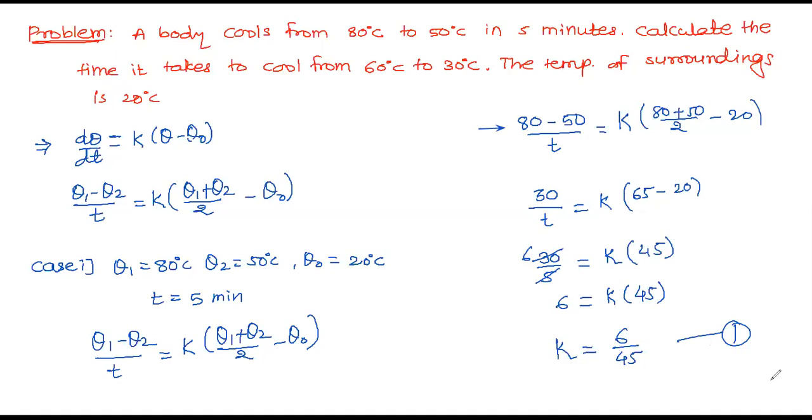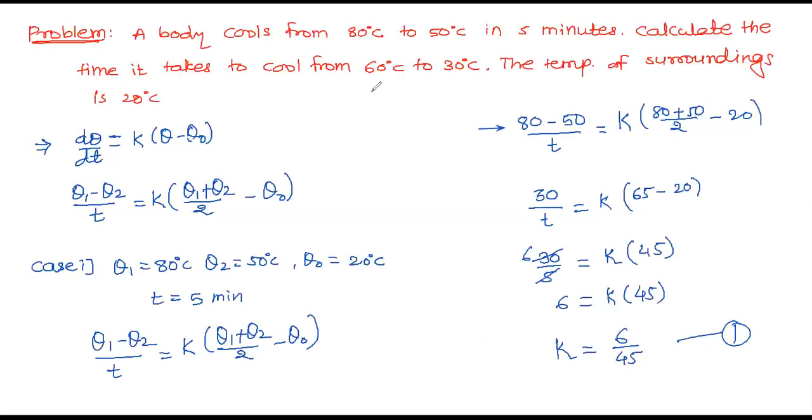Next. Now, case number 2. So you see here, theta 1 is 60, theta 2 is 30. So theta 1 in this case 2 is 60 degrees Celsius. Theta 2 is 30 degrees Celsius.